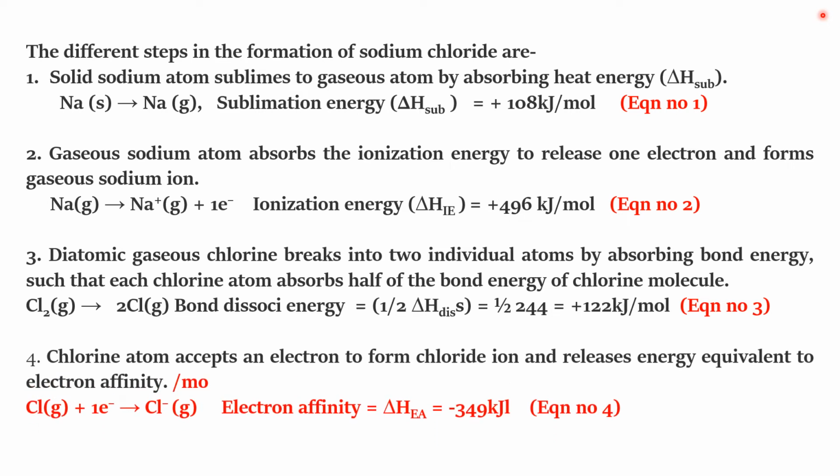Next, the fourth step, we have to convert the neutral gaseous chlorine atom to chloride ion, Cl minus ion. To convert chlorine to Cl minus ion, it releases certain energy, and that energy is called the electron affinity.